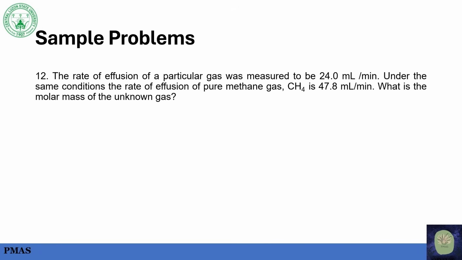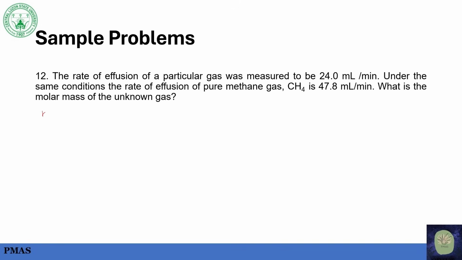Okay. Next, the rate of effusion of a particular gas was measured to be 24 ml per minute. Under the same conditions, the rate of effusion of a pure methane gas is 47.8 ml per minute. What is the molar mass of the unknown gas? So this is a problem for effusion.